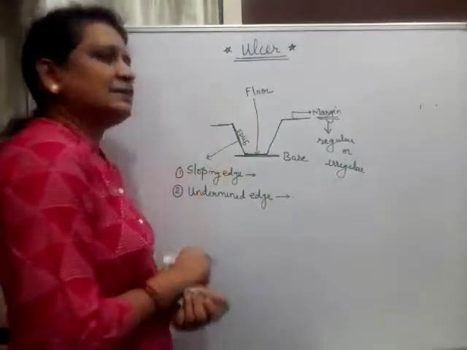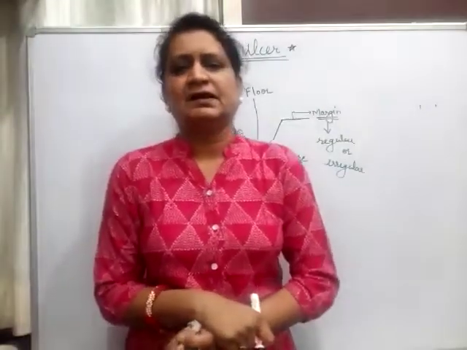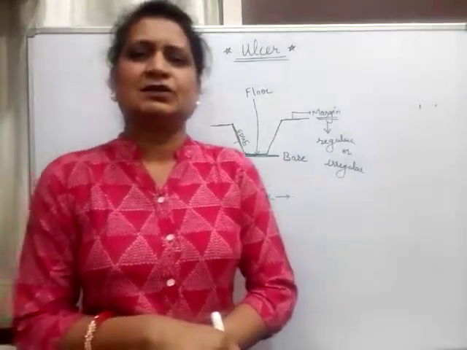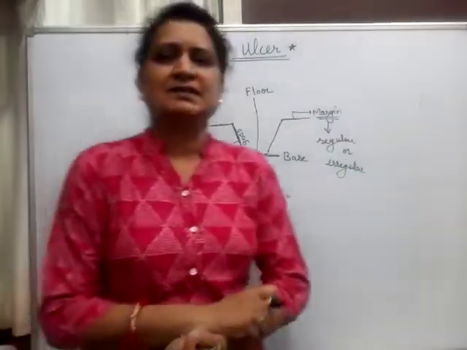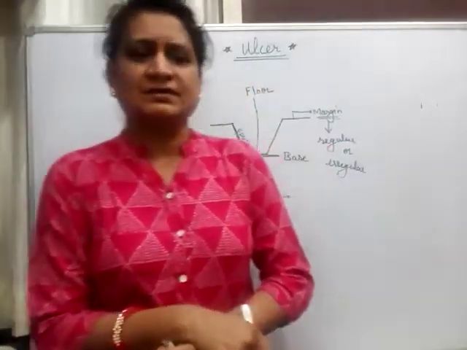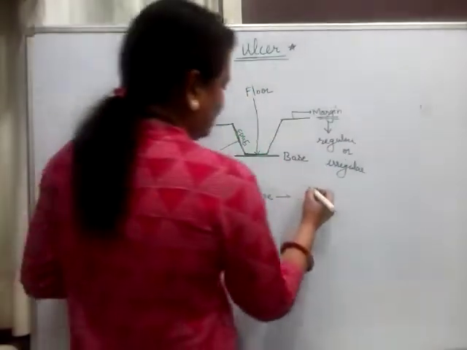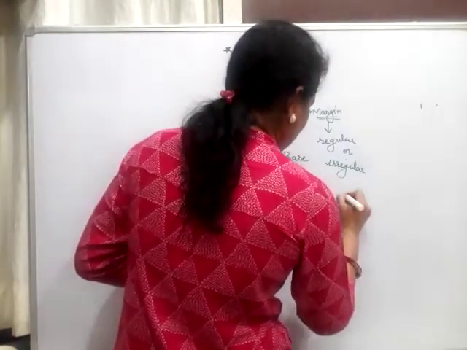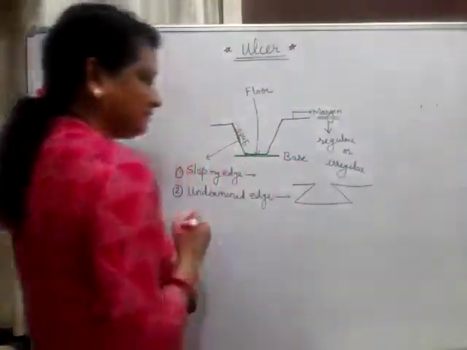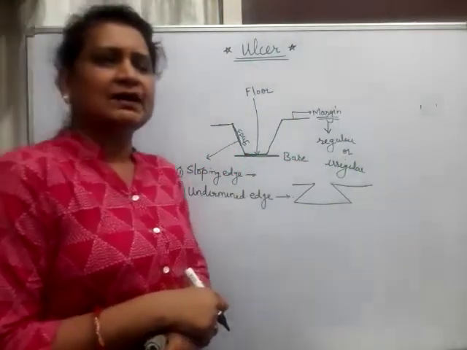Now this undermined edge is usually seen in cases of tubercular ulcer, because in tuberculosis there is more destruction of subcutaneous tissue. So it looks somewhat like this. So this is the undermined edge.